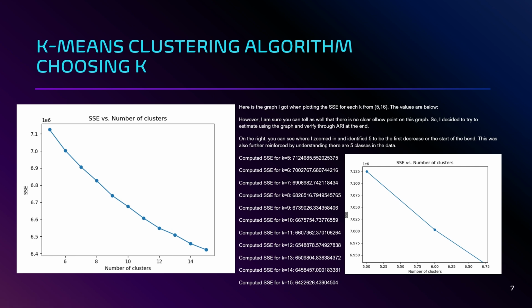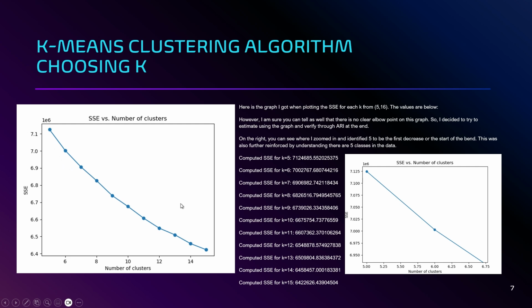Choosing k. Here's the graph I got when plotting the SSE for each k from 5 to 16, 0 indexed, so 15. But the values are below. But you can obviously tell there's no elbow point on this graph.